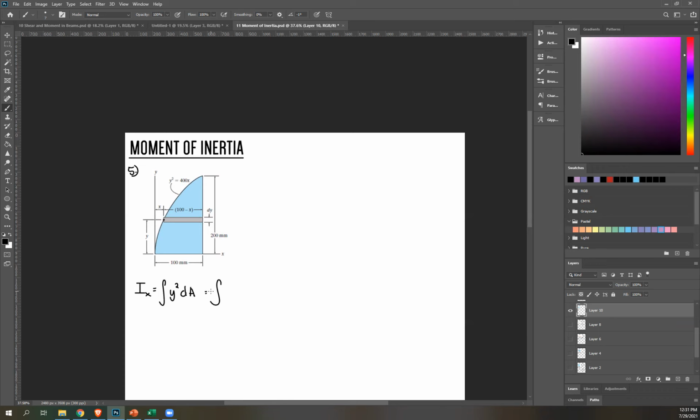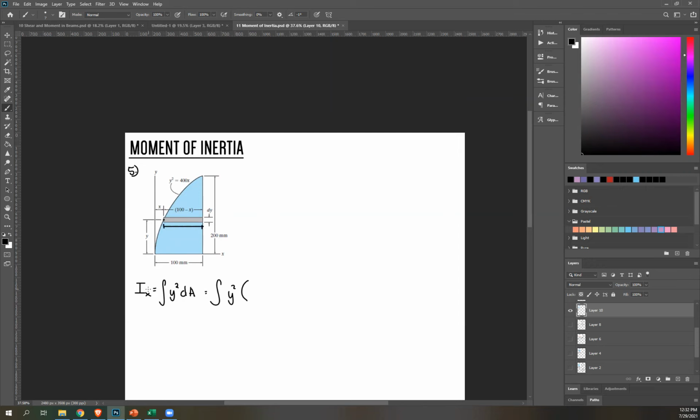So usually we're gonna use a horizontal strip. That's why we have this here. Okay, so let's rewrite our equation. Y squared, differential area. So let's rewrite the area of that. Again, that's a rectangle, so base times height. So let's get the base. So this length is your base.